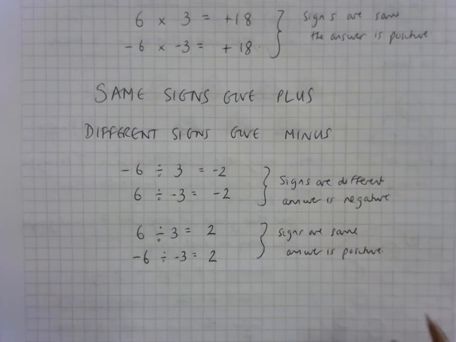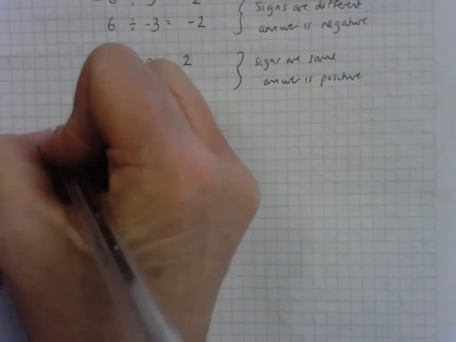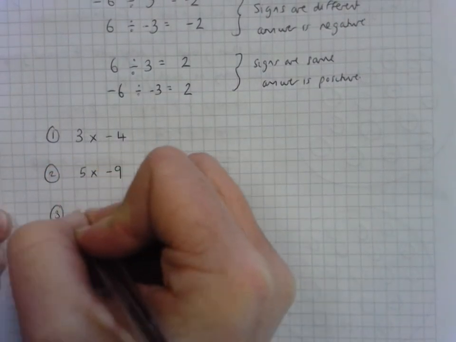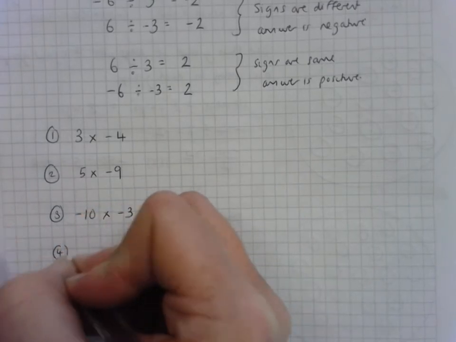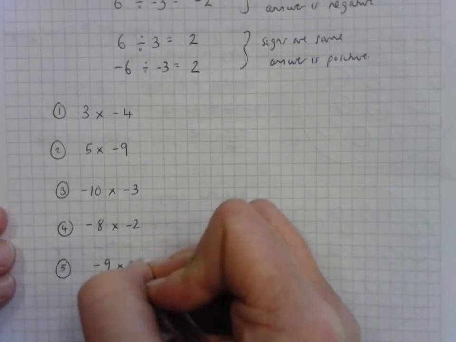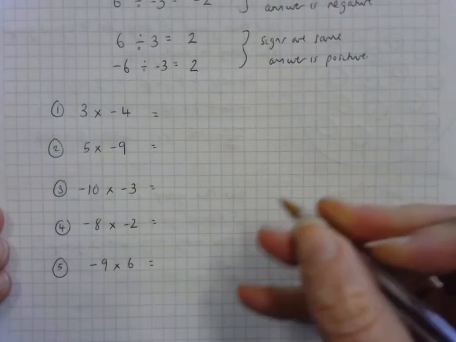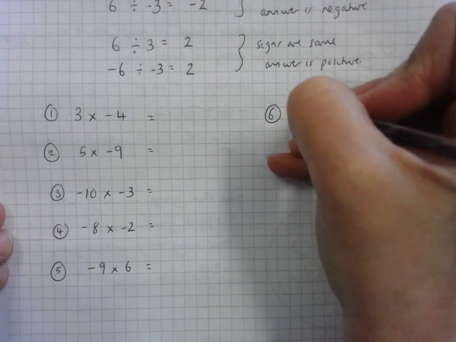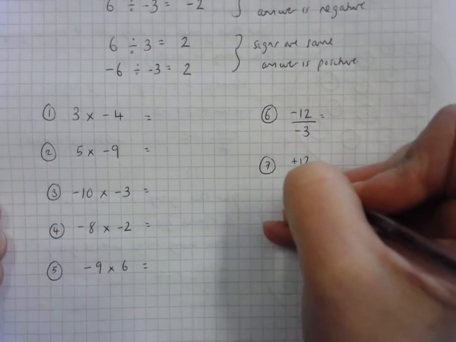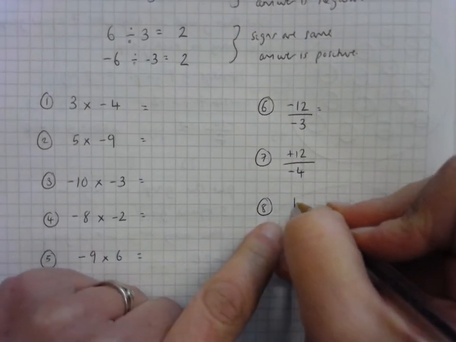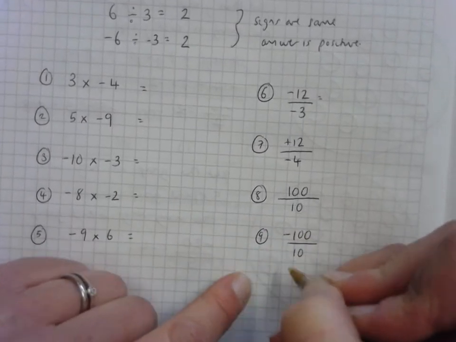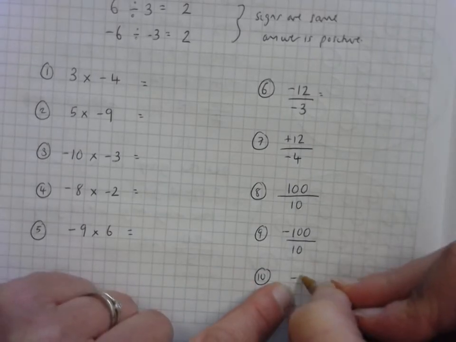Okay, here's some for you to try, and then I'll go through the answers to them. So try these questions. 3 times negative 4, 5 times negative 9, negative 10 times negative 3, negative 8 times negative 2, negative 9 times 6, negative 12 divided by negative 3, positive 12 divided by negative 4, 100 divided by 10, minus 100 divided by 10, and finally minus 30 divided by minus 10.